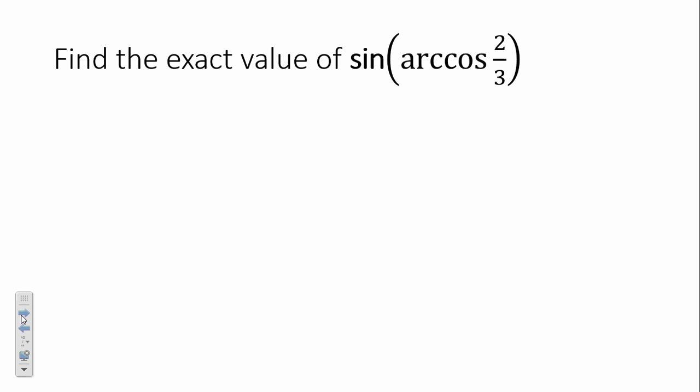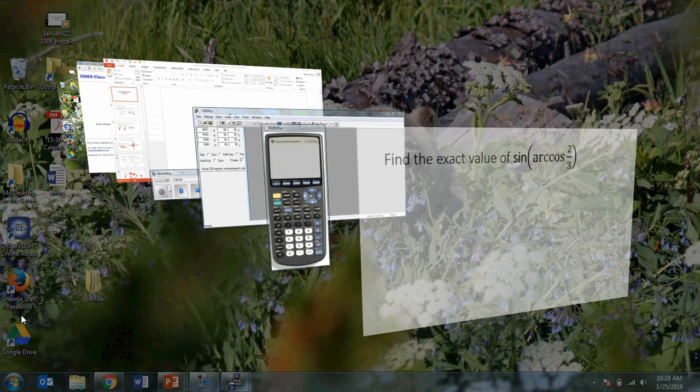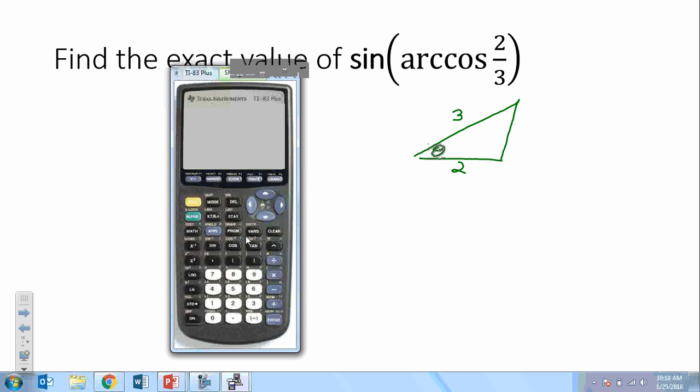Once we find that angle, for what value of theta is adjacent over hypotenuse 2/3, once we find that, let's take the sine of that theta. So let's take the arc cosine of 2/3. The arc cosine of 2/3 says inverse cosine 2 divided by 3.